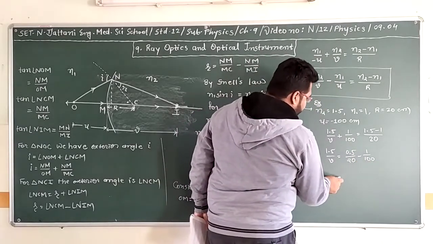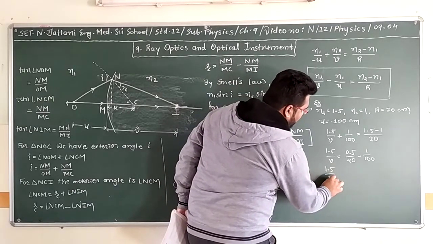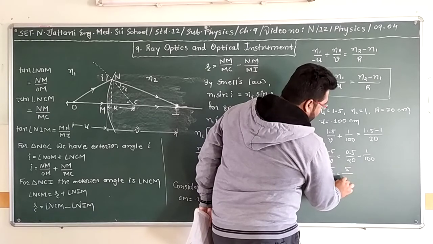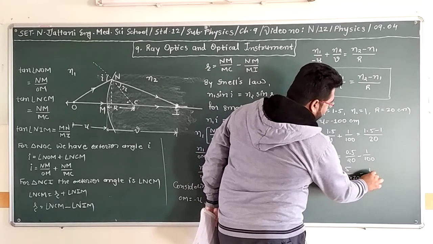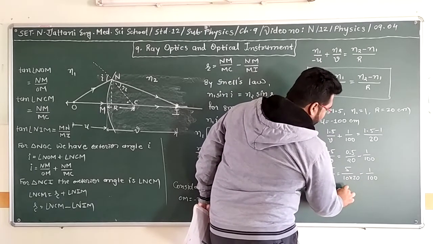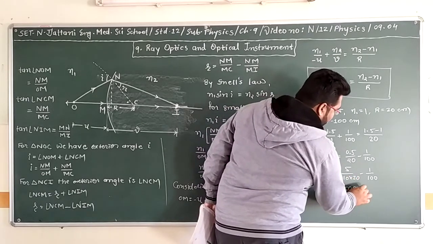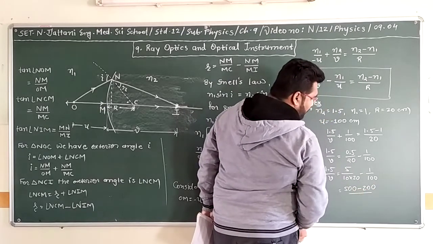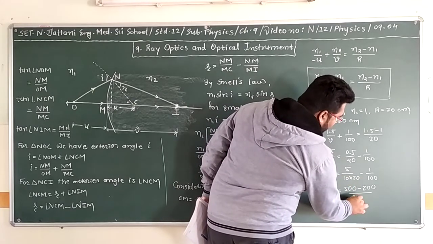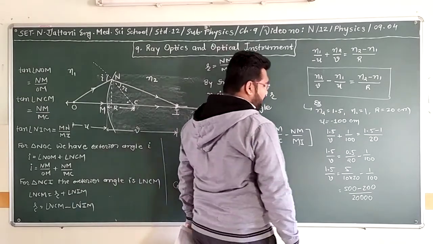So we can write here 1.5 upon V is equal to 5 by 10 into 20 minus 1 by 100. So we can write 100 into 5, that is 500, 10 into 20, so that will be minus 200, and in the denominator we have 100 into 200, that is 20,000.